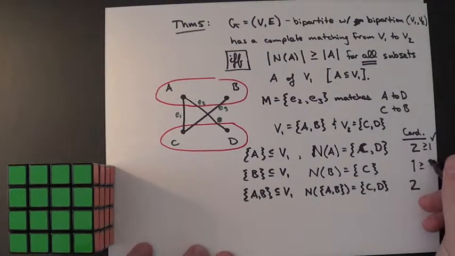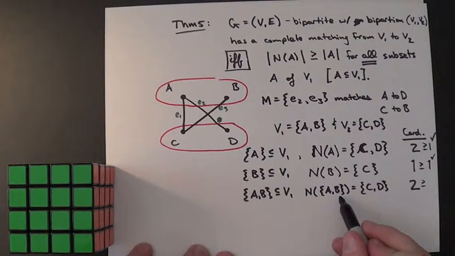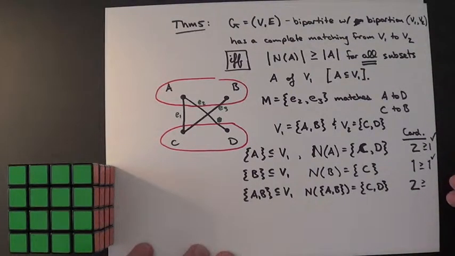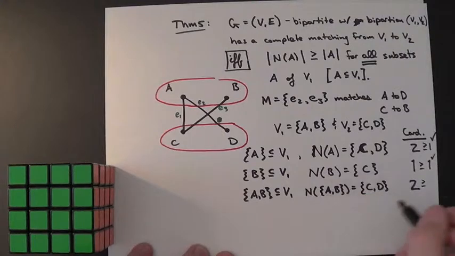That is in fact greater than or equal to 1. Check. And here we have 2 members in the set A, B. Cardinality of this set is 2. Cardinality of the set of all neighbors is 2 as well. Thus, that one checks out as well.